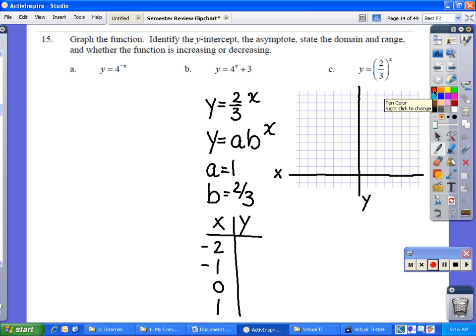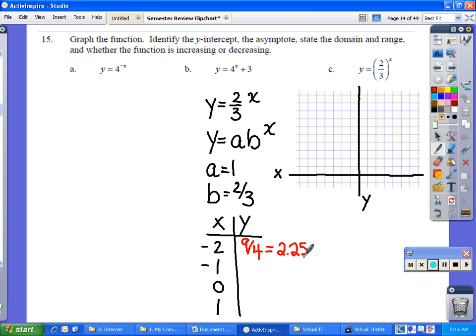If you plug in -2 for x, you'll get 2/3 to the -2. Remember, the -2 asks us to take the reciprocal, so we get 3/2 to the second. That's 3/2 times 3/2 gives us 9/4. 9/4 is equal to 2.25.